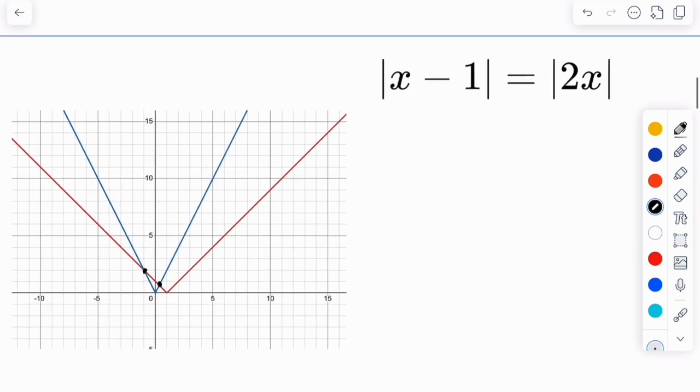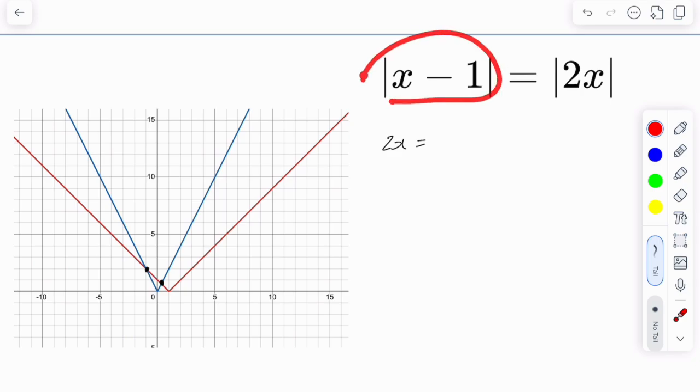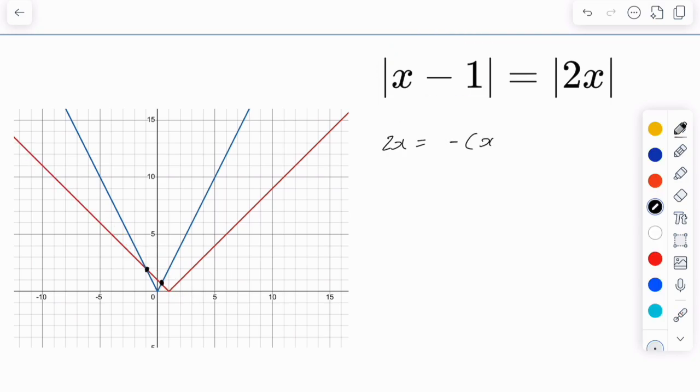The way to solve this now is to evaluate the intersection points at the different points where these graphs meet. If we start from right to left, over here the absolute value of 2x is positive, so we're going to have 2x, and that's meeting the absolute value of x minus 1 when it's on its negative gradient, so it's going to equal minus x plus 1.